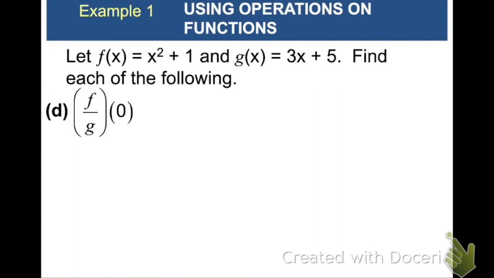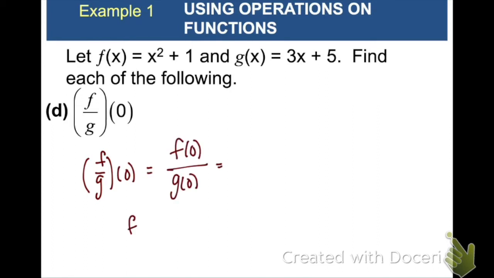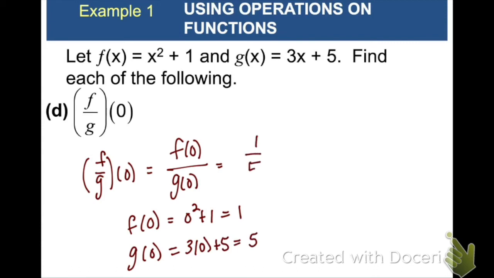And then we have f divided by g of 0, which is going to be the same thing as f of 0 divided by g of 0. We need to find f of 0 and g of 0, and then divide our two answers. Make sure to simplify the fraction if you need to.